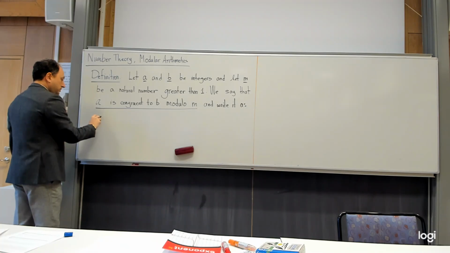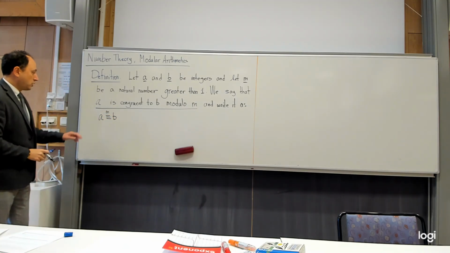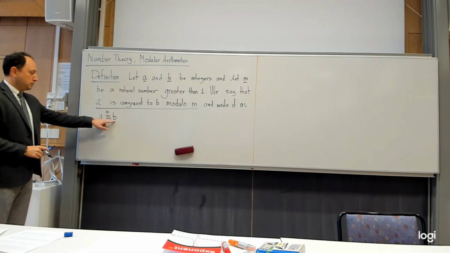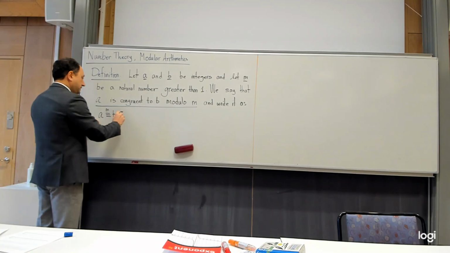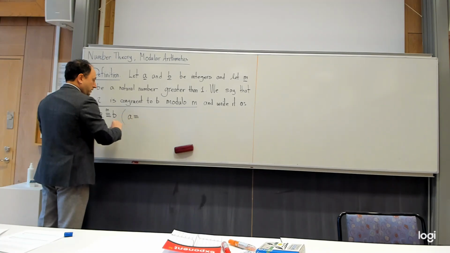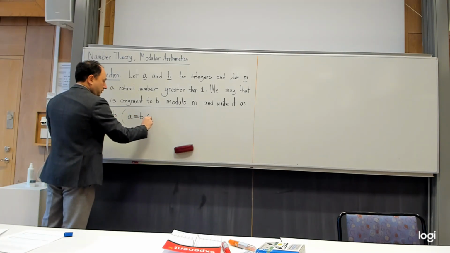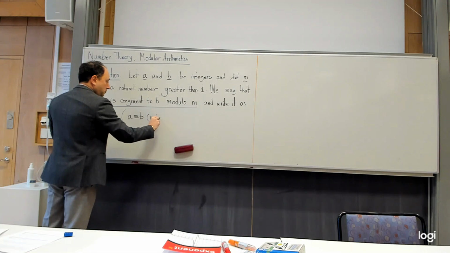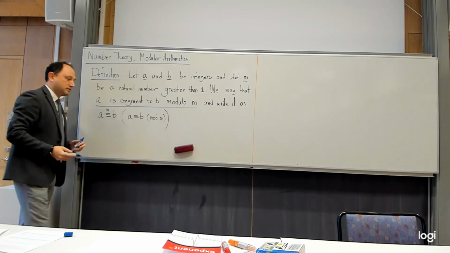I don't know which notation the book is using. I will use this notation, which is more compact. I read it: A is congruent to B modulo M. Sometimes other texts write A is congruent to B, then a pair of brackets with mod M. I will not use this, it's too long.